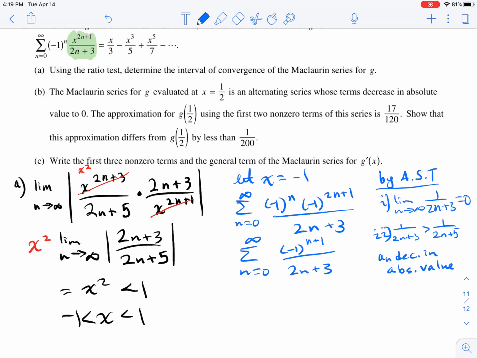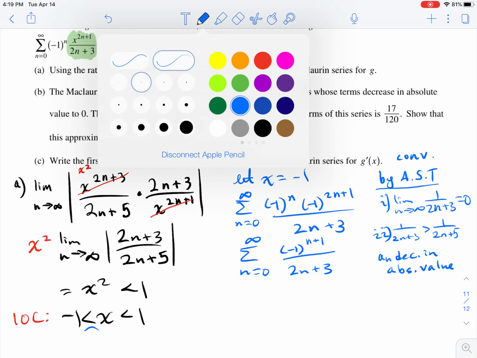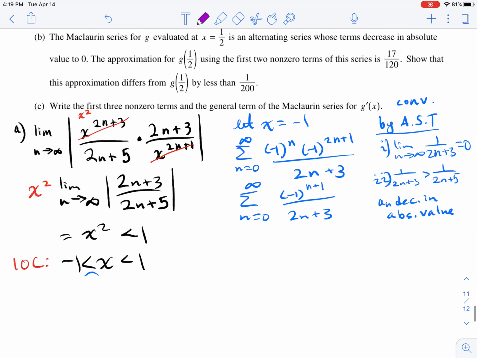So since we know that it's met the two conditions for AST, we can say that it converges by AST. So for our interval of convergence, so far it's definitely converging at its endpoint negative 1. Now let's check the other endpoint.